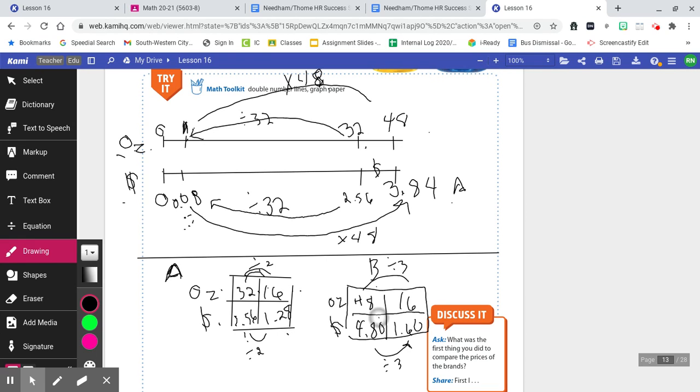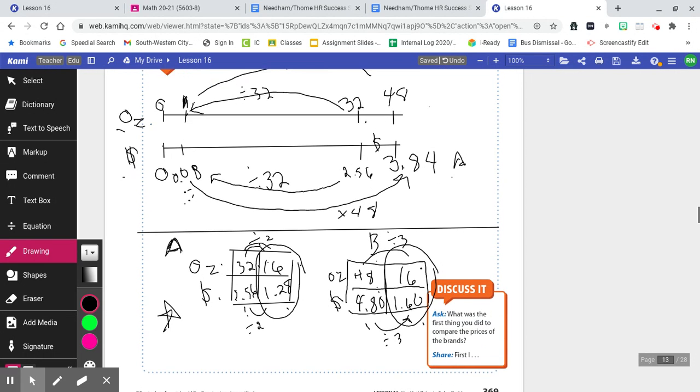And with product B, 48 ounces cost $4.80. So if I divided this one by 3, I get 16 ounces is $1.60. Again, 16 ounces for $1.28 is still cheaper than 16 ounces for $1.60. So A is my cheaper amount.